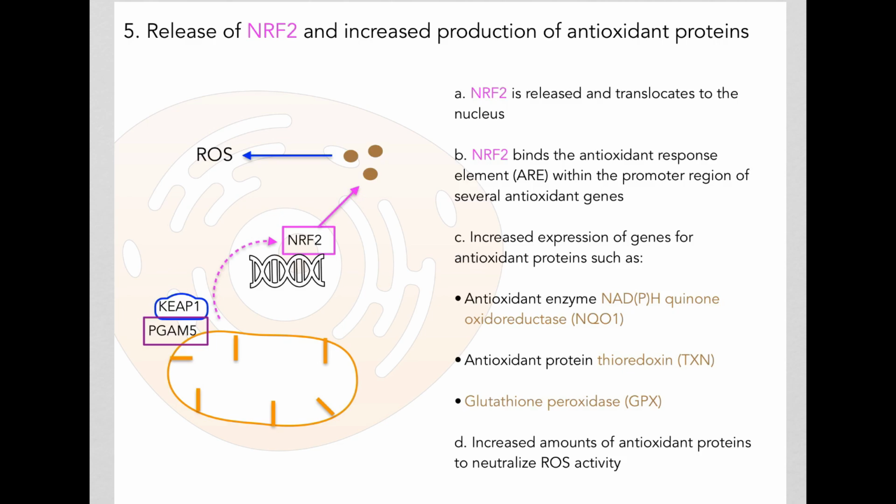Examples include the enzyme NADPH quinone oxidoreductase, the antioxidant protein thioredoxin, as well as the antioxidant protein glutathione peroxidase. So increased expression of these genes is going to result in an increased amount of these antioxidant proteins, and these antioxidant proteins are going to help the cell in neutralizing these reactive oxygen species that it is facing.